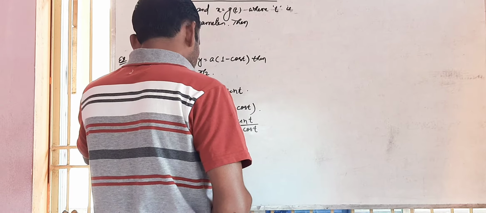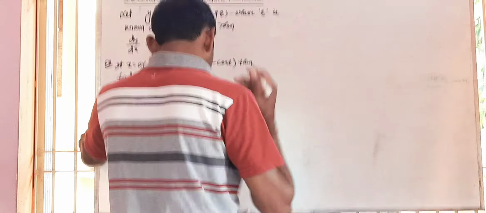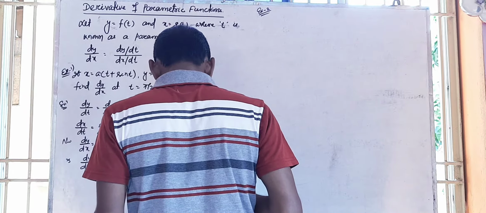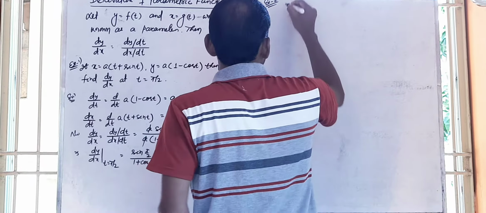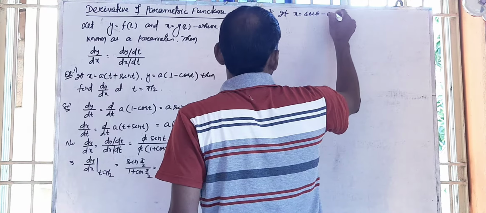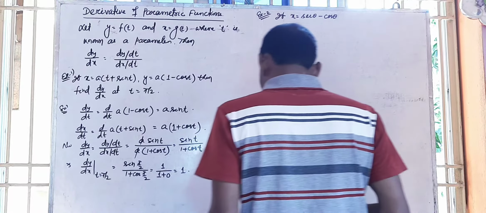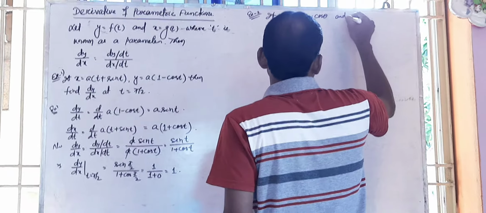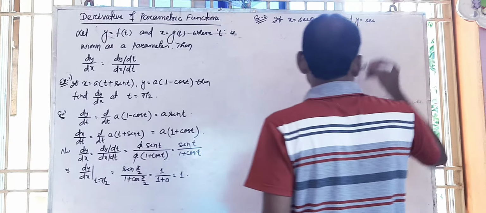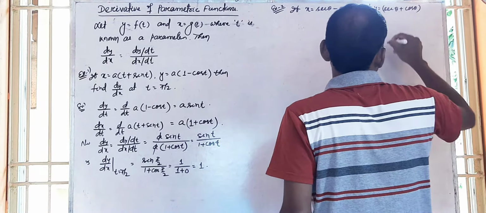Now next, x equal to sec theta minus cos theta, and y equal to sec theta plus cos theta.